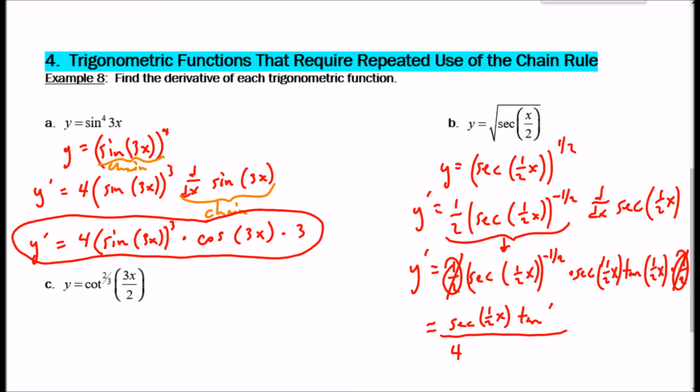There are no negative exponents, and there's no way to combine that to a single trigonometric function. But this secant 1/2 x to the negative 1/2 power: the negative 1/2 power tells us that this entire set of parentheses wants to go to the bottom and become a positive 1/2 power.